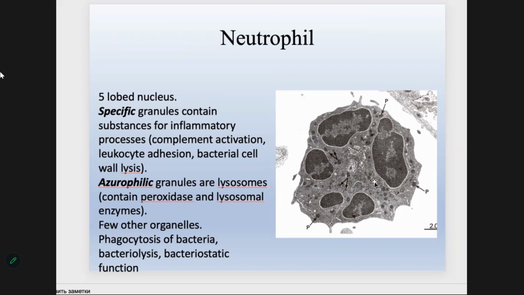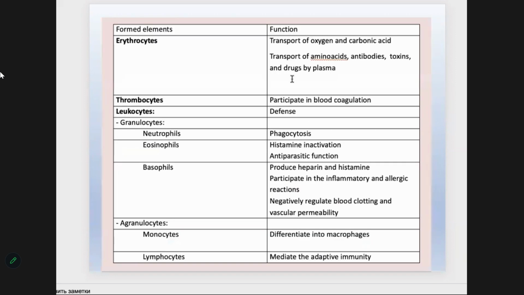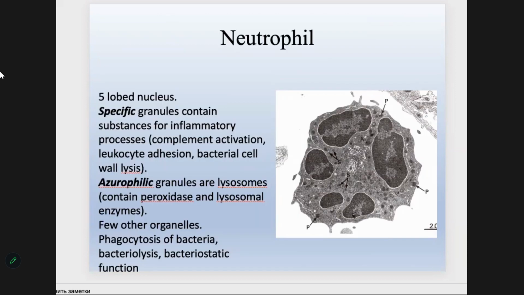That is why the main function of neutrophils is protection against bacterial invasion, against the pathogenic action of bacteria. So look at this table.